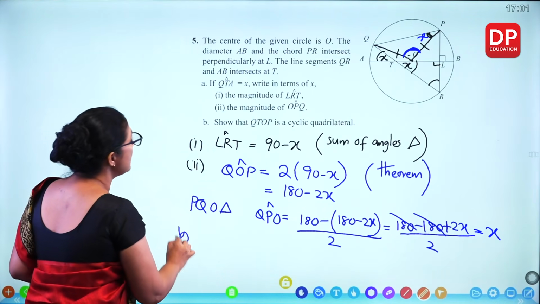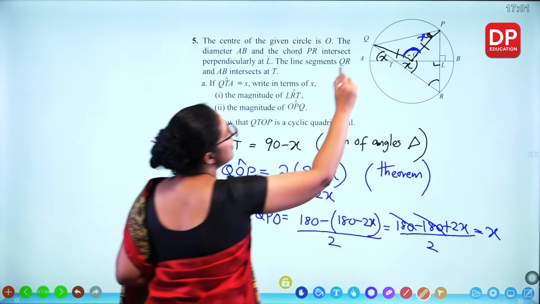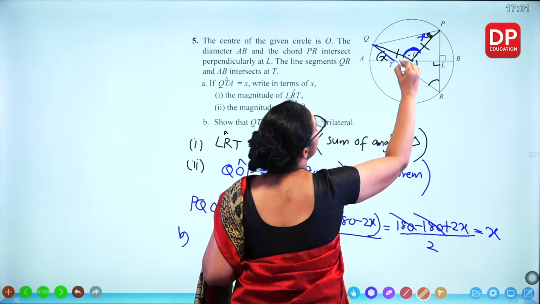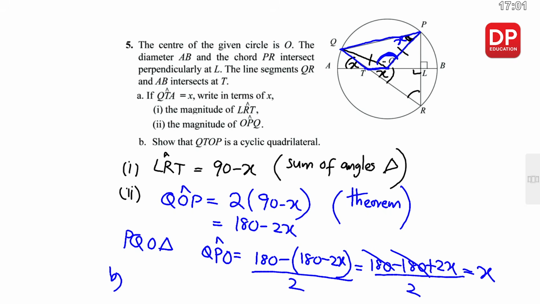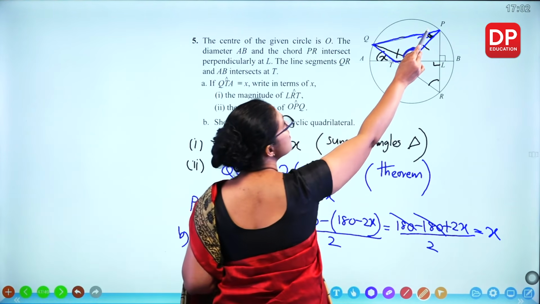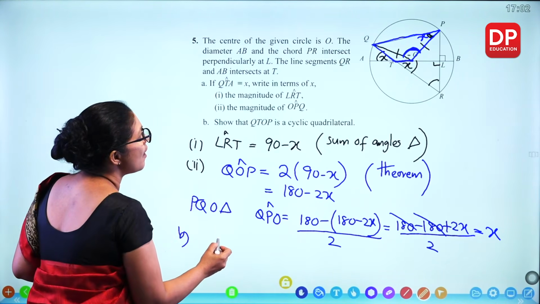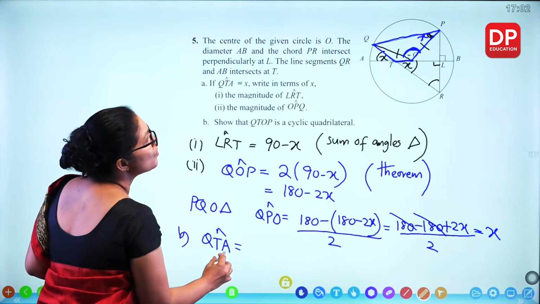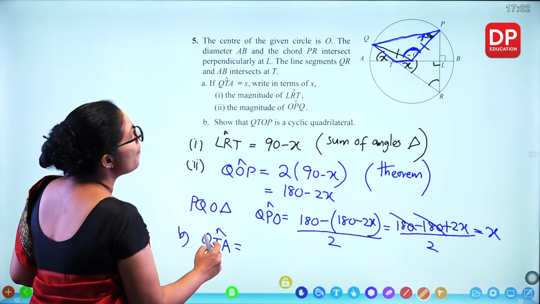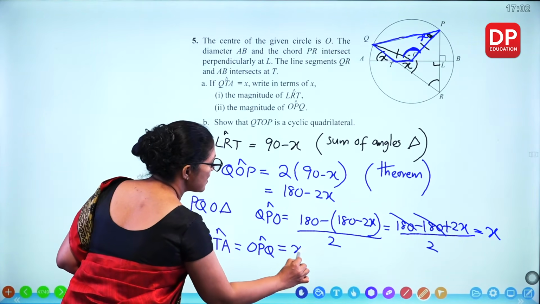Now part B, show that QTOP is a cyclic quadrilateral. Now look carefully. This is the exterior angle, this is the opposite interior angle. Both are equal. So you can write down QTA is equal to OPQ angle, OPQ, that's x.